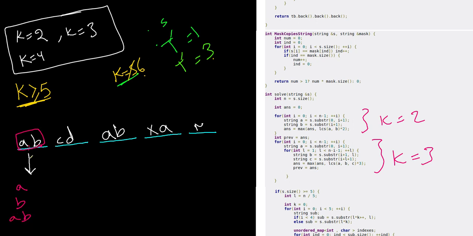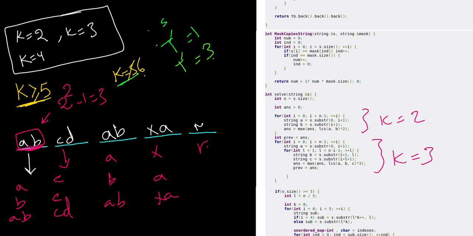The number of combinations in this case is 2 to the power of the length of this segment, 2, minus 1, which is 3. And for this segment we have C, we have D, we have CD. For this we have A, B, AB. For this we have X, A, XA. For this we have R.